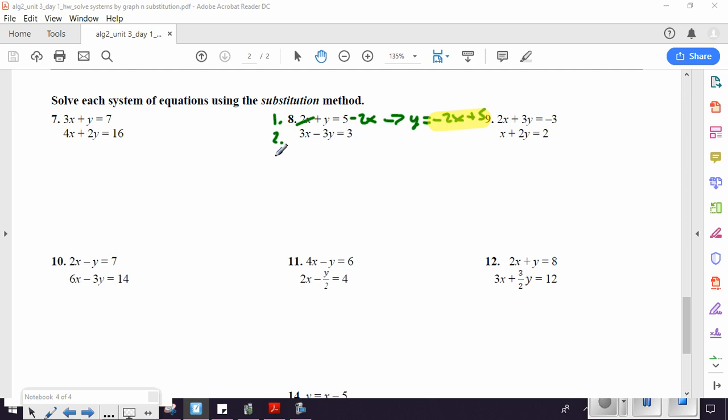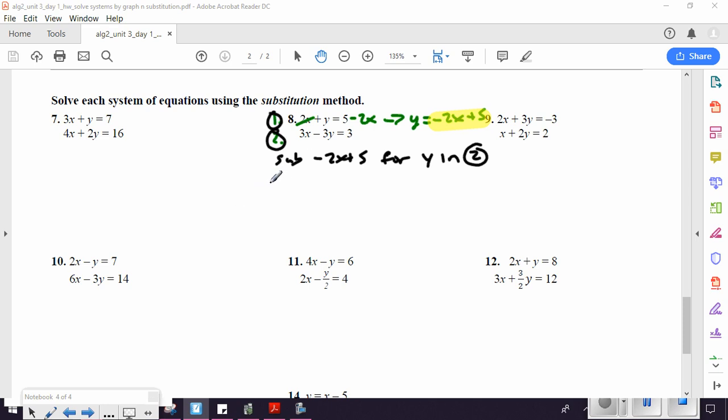So I'm substituting negative 2x plus 5 for y in equation 2. Okay?